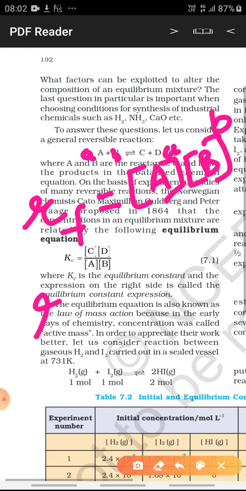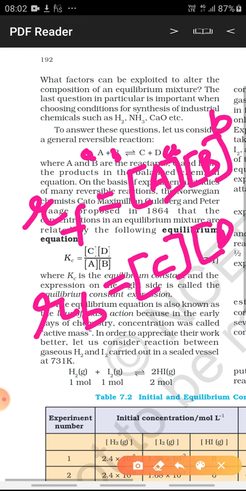Similarly, the rate of backward reaction will be equal to the product of molar concentrations of C and D. Now, suppose the stoichiometric coefficient of C in the balanced chemical equation is small c and that of D is small d, we will write [C] raised to power c and [D] raised to power d.